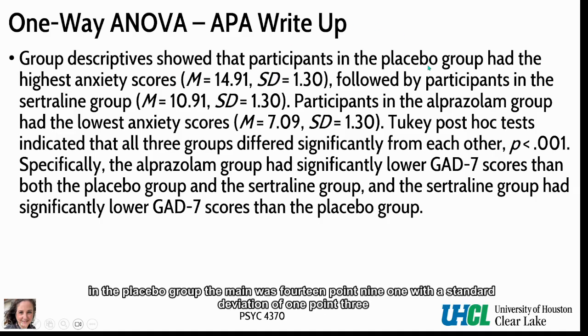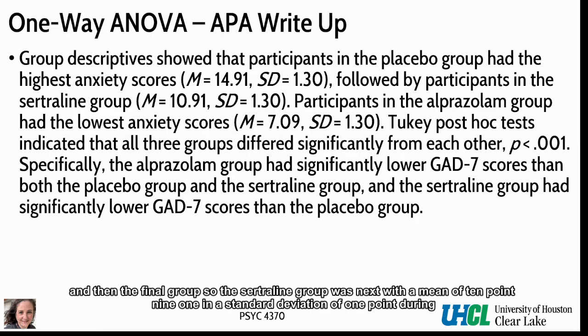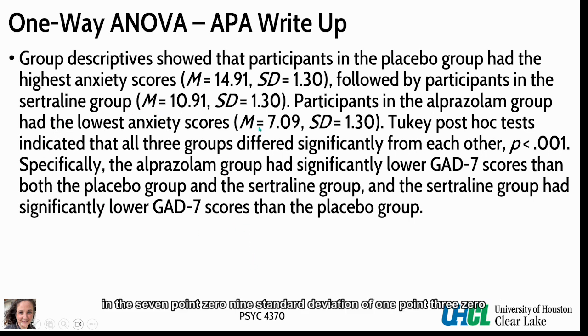So in the placebo group, the mean was 14.91 with a standard deviation of 1.3. Then you follow that by the next group and then the final group. So the sertraline group was next with a mean of 10.91 and a standard deviation of 1.3. And your participants in the alprazolam or Xanax group had the lowest anxiety scores. M is 7.09, standard deviation of 1.30.